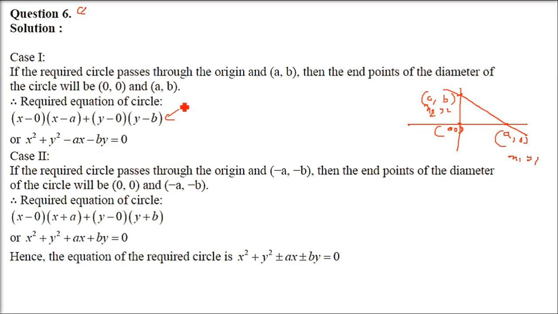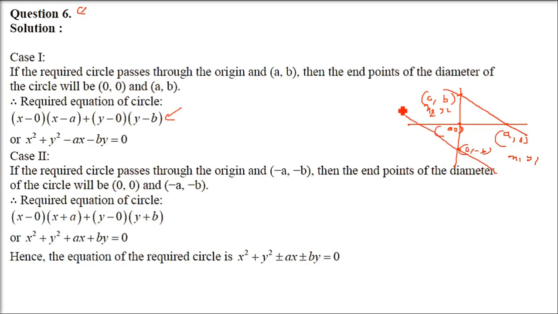Now let me tell you the other scenario. The circle is passing through the origin and the intercepts are A and B. It's not given in the question where. So we took one option, but we have to take the other option also.